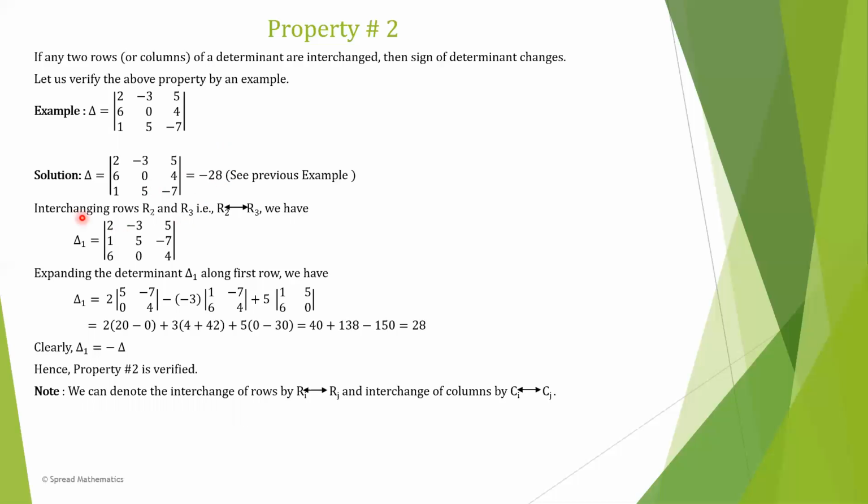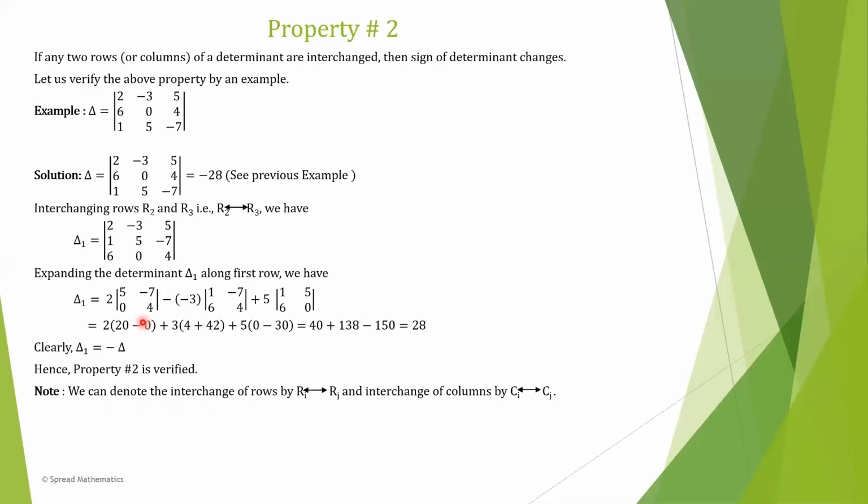Now we are interchanging rows R2 and R3, so we get a new determinant delta 1, this. Now we are expanding this determinant along the first row and we get the value of this determinant as 28.